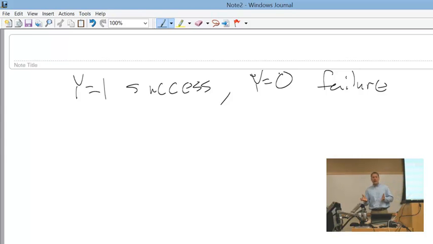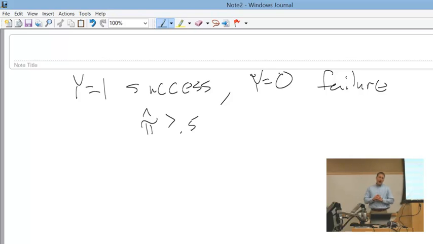Once we take a sample and we estimate the parameters in our model for the sample, what we're able to do then is come up with estimates for the probability of success, which we denote by pi hat. And we compare this pi hat for a particular observation of interest to a cutoff probability. So for example, maybe the cutoff probability is 0.5.